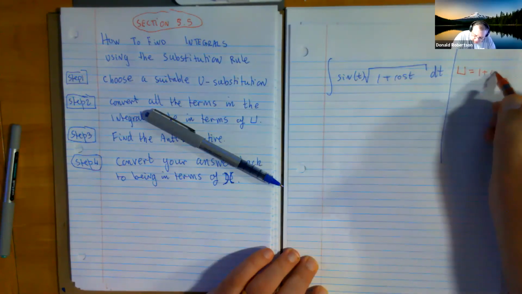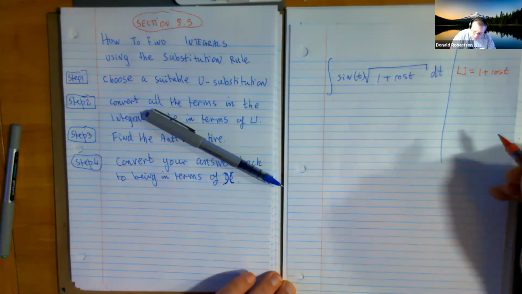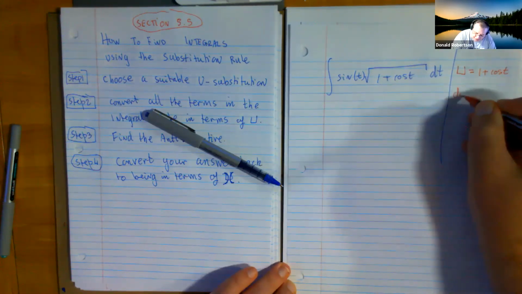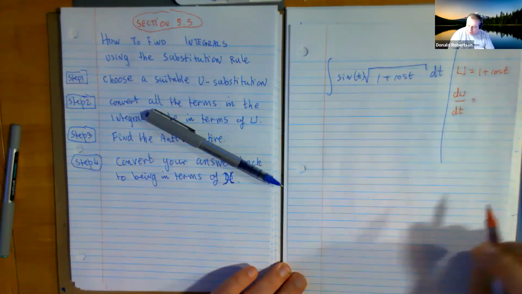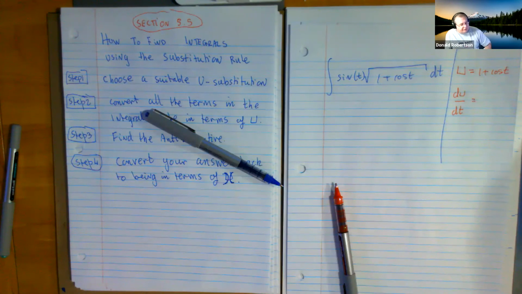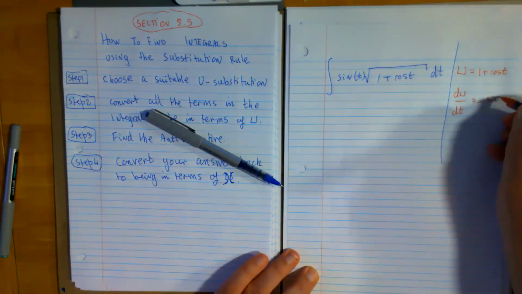Agreed? So when you differentiate with respect to t, do you get plus sine or negative sine t? Negative sine. Negative. Because we are differentiating.